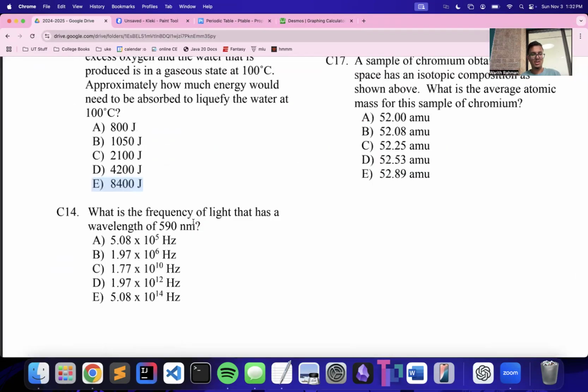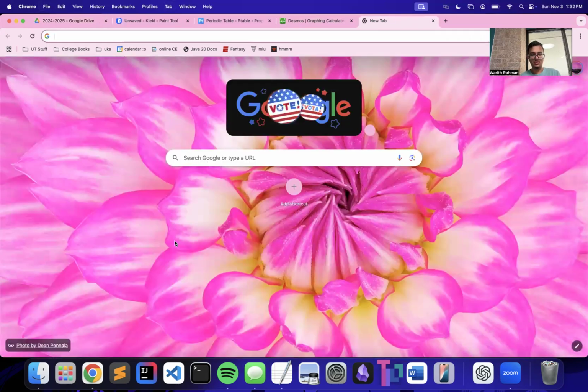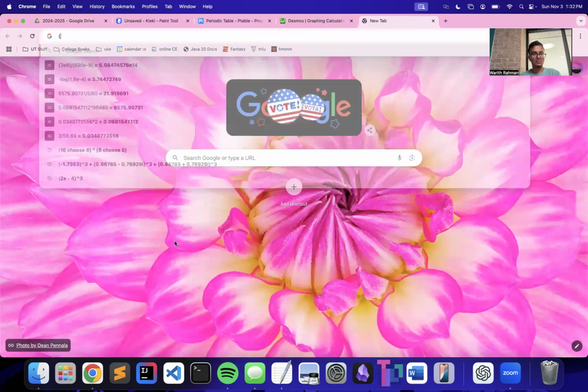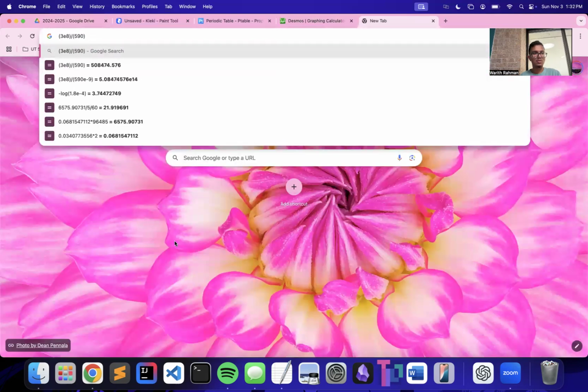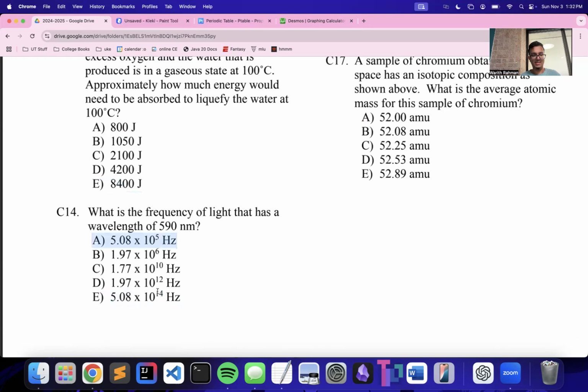So you get 5.08 times 10 to the 14 hertz. Piece of cake. You have to remember the nanometer conversion, or else you end up getting A instead of E. So remember the nanometer conversion.